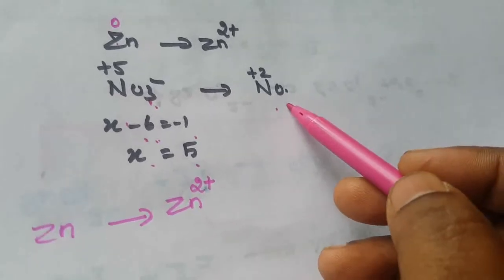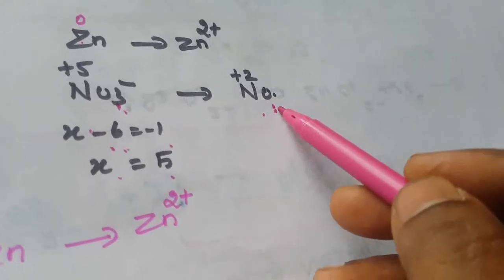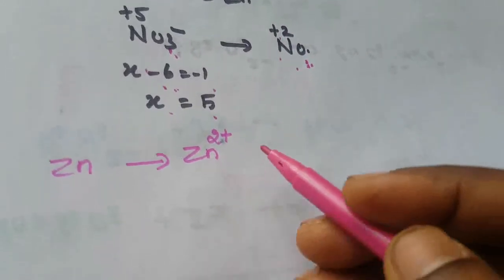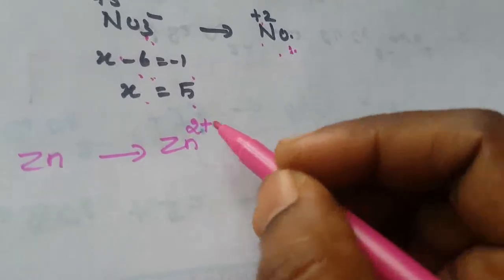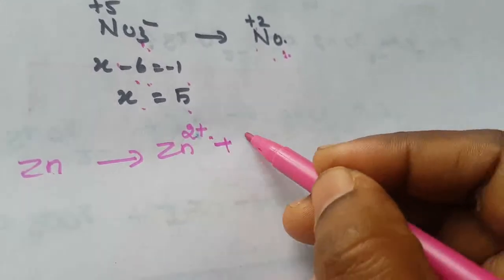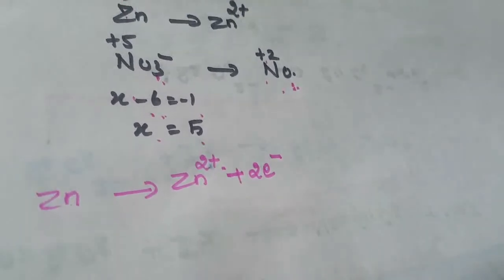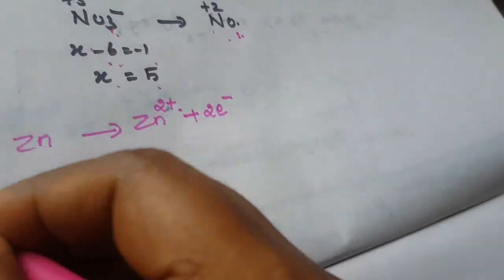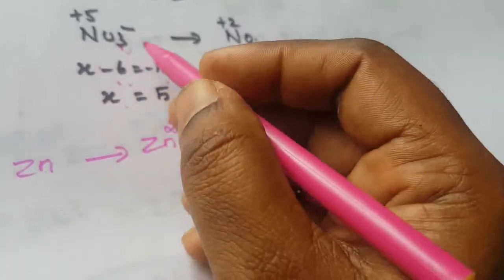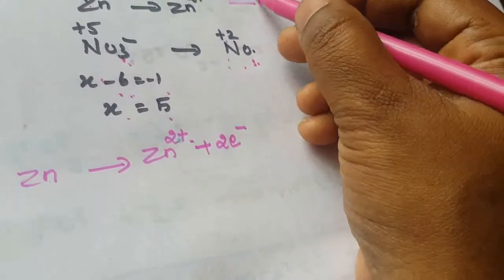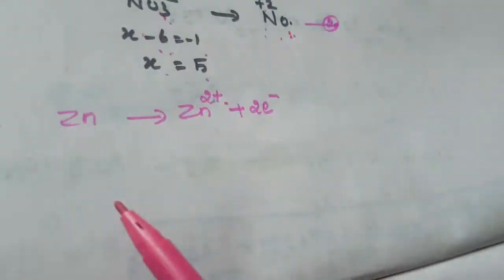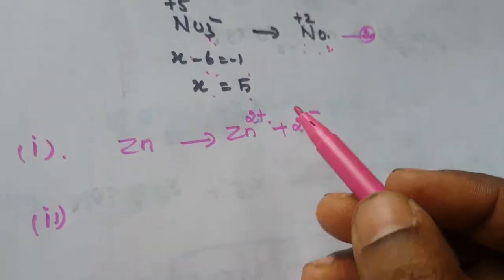Here the oxidation number is -2, so that is +2. Zn gives Zn 2+ plus 2 electrons, so here we are adding 2 electrons on this side, right. So this is the first equation. Now how to write the second equation?